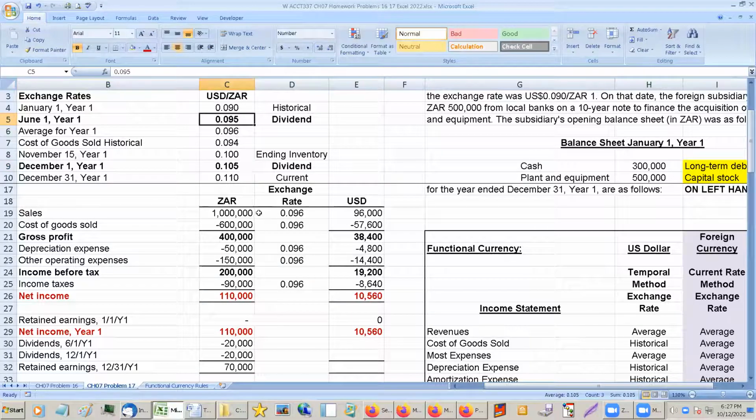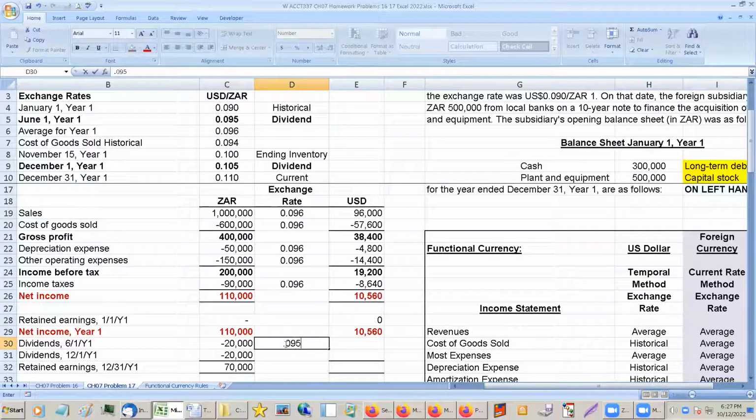Okay, so June 1st was 0.095. And the second one on December 1st was 0.105. Okay.